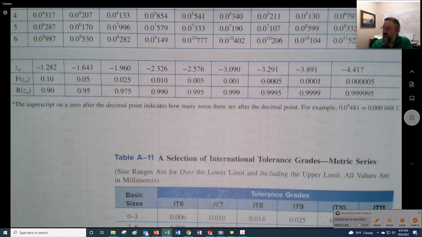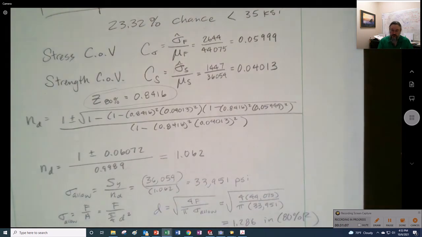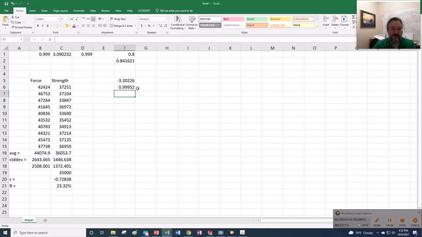Seems like that's something I would have calculated in the middle. So here's what I get with the Z for 99, right? Here's the 99.99.